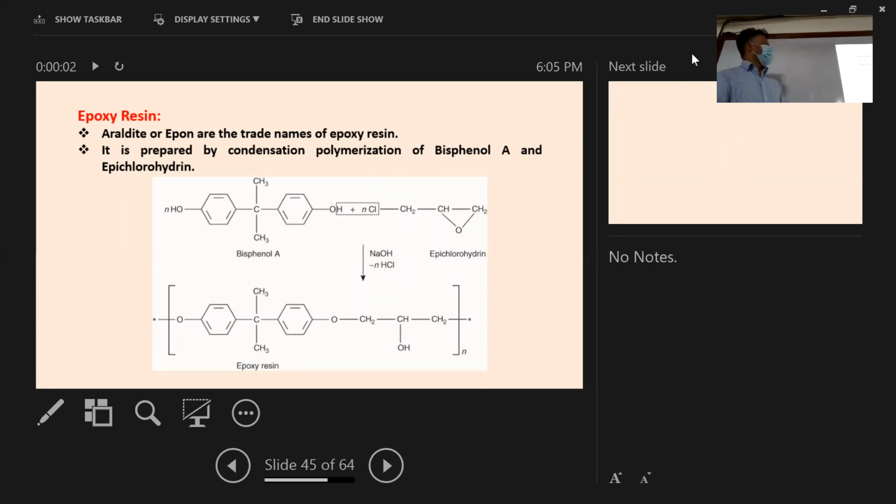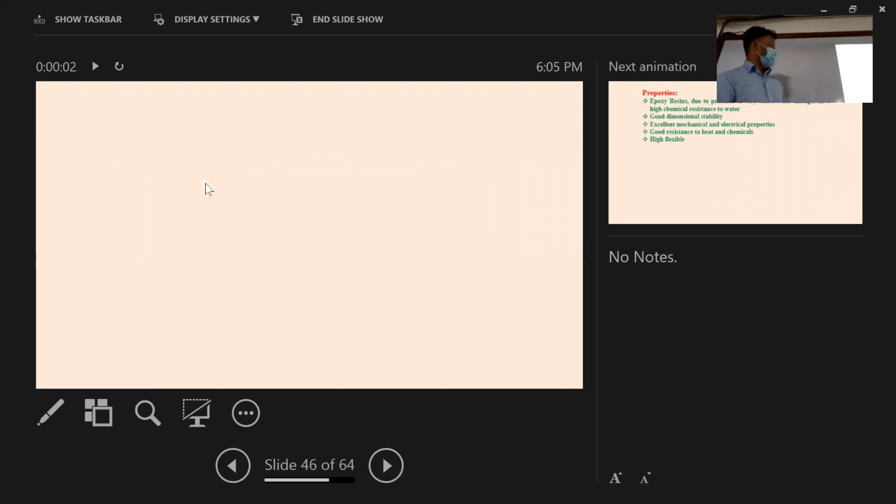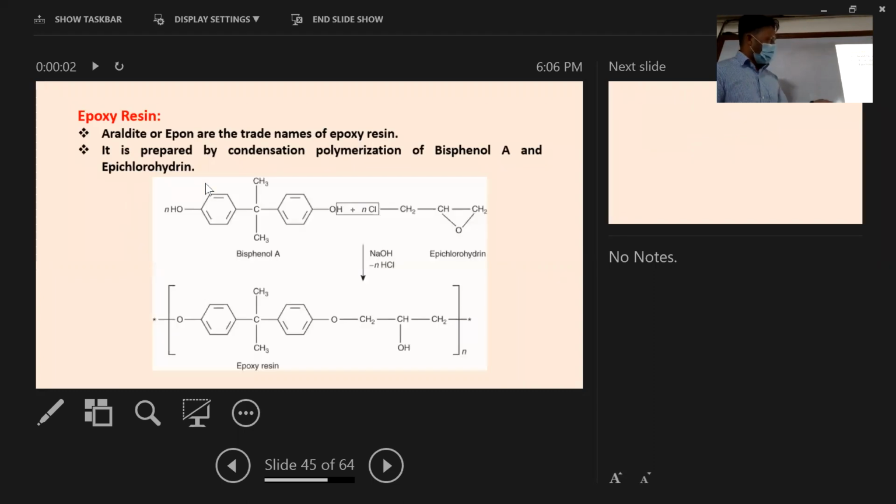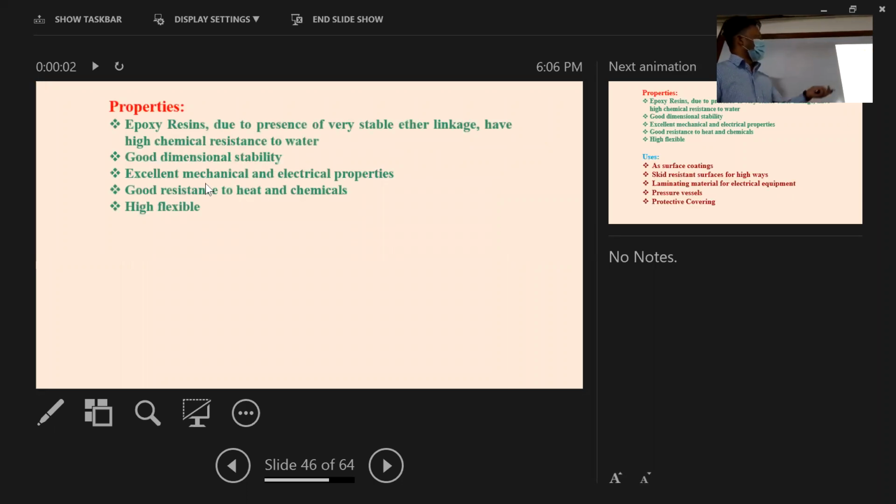So what are the uses and properties of this resin? Properties: epoxy resin has very stable ether linkage. This is the ether group, this is the ether group. Therefore, it has high chemical resistance to water. It does not make hydrogen bonds with water.